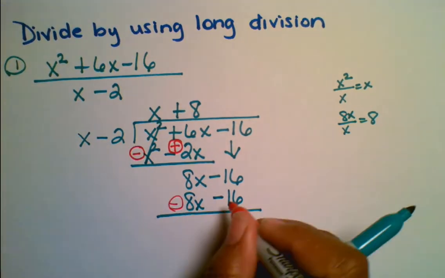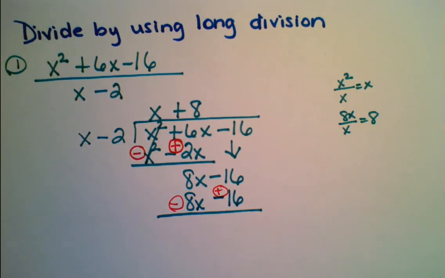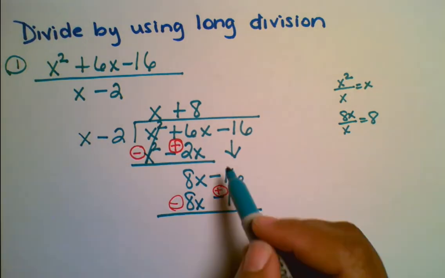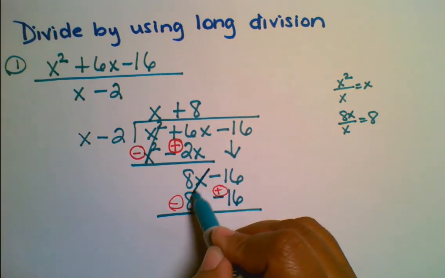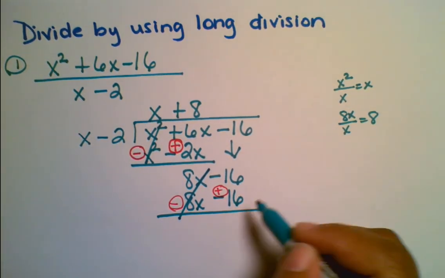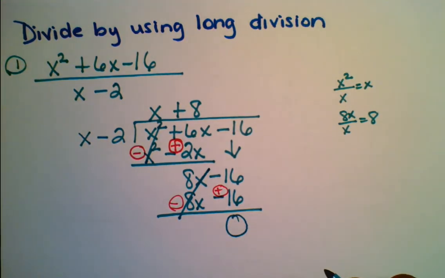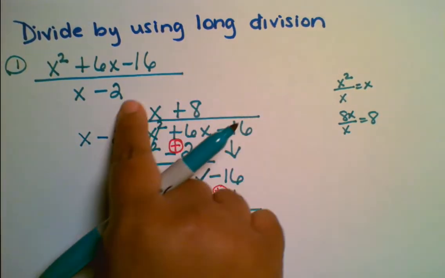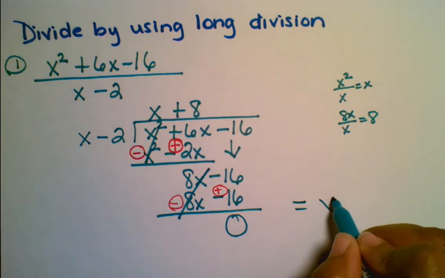So we change the signs of that last row, the 8x and the 16. That becomes a negative 8x and then a positive 16. So the 8x's cancel out. And then we're left with negative 16 plus 16, which is a remainder of 0. That's an indication that we've used all of our terms. We have a remainder of 0, and we're finished. So our answer, which is in the quotient area, is x plus 8.